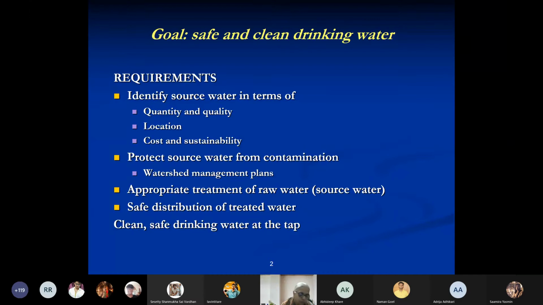The rain doesn't come in those years, and when there is a drought, people go for deeper and deeper tube wells.